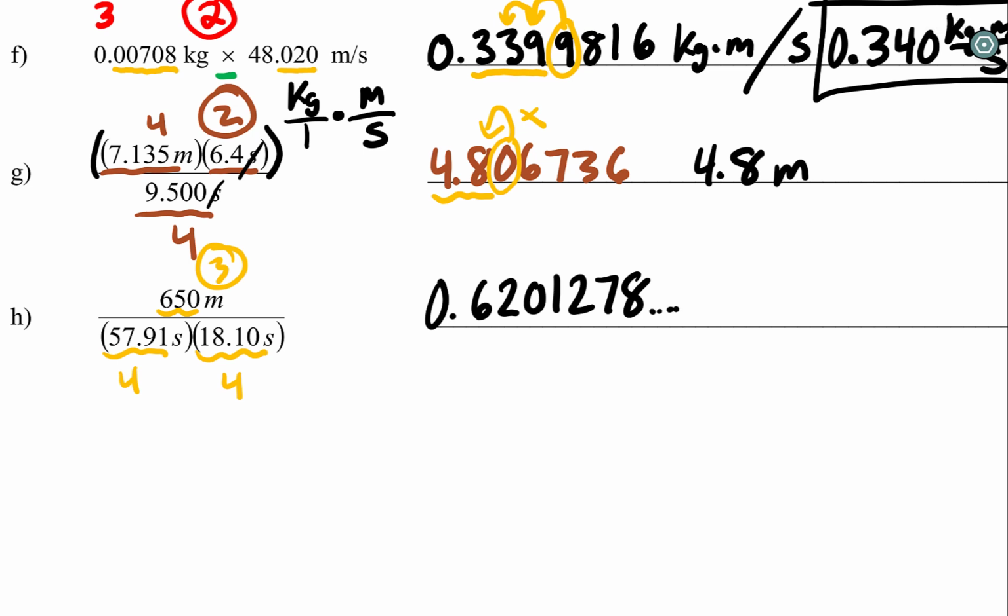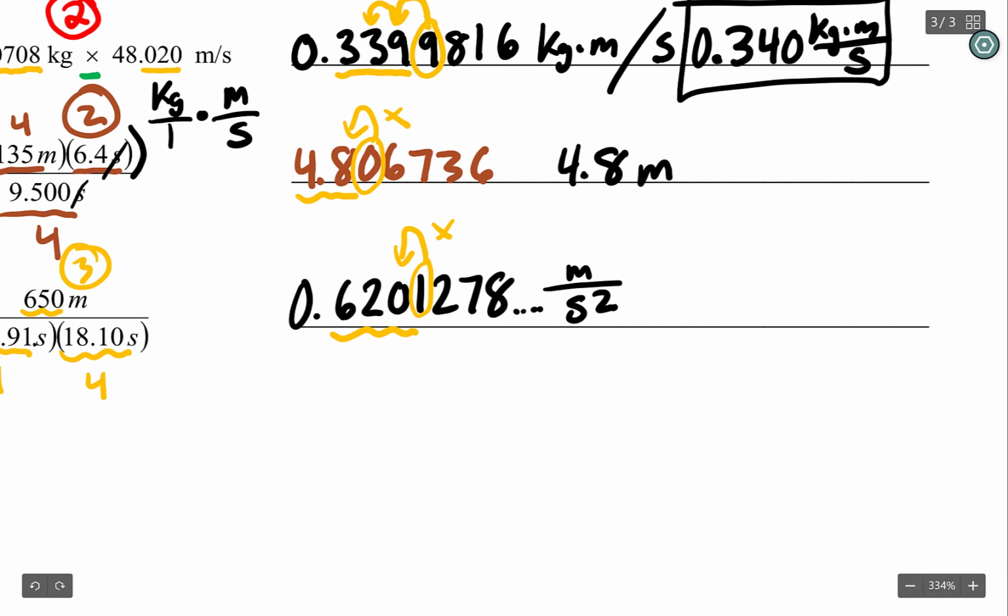Now this is a meter over a second times a second, which would be seconds squared. This is the unit of acceleration. I'm going to underline my significant digits, which is 3, circle the number behind. This does not round up, which means my final answer is 0.620 meters per second squared.